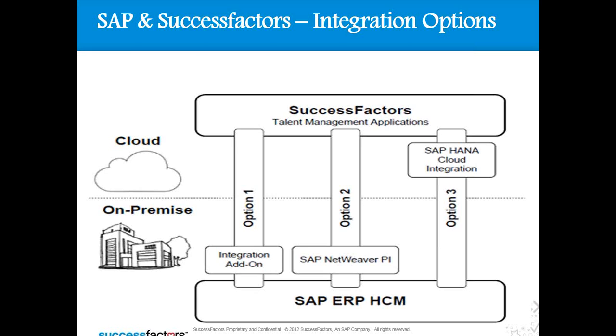And this integration option would be free for all existing SAP PI customers. The third option is SAP HCI, which is HANA Cloud Integration. This is SAP's cloud-based middleware integration solution. This is an iPaaS, which is integration platform as a service.